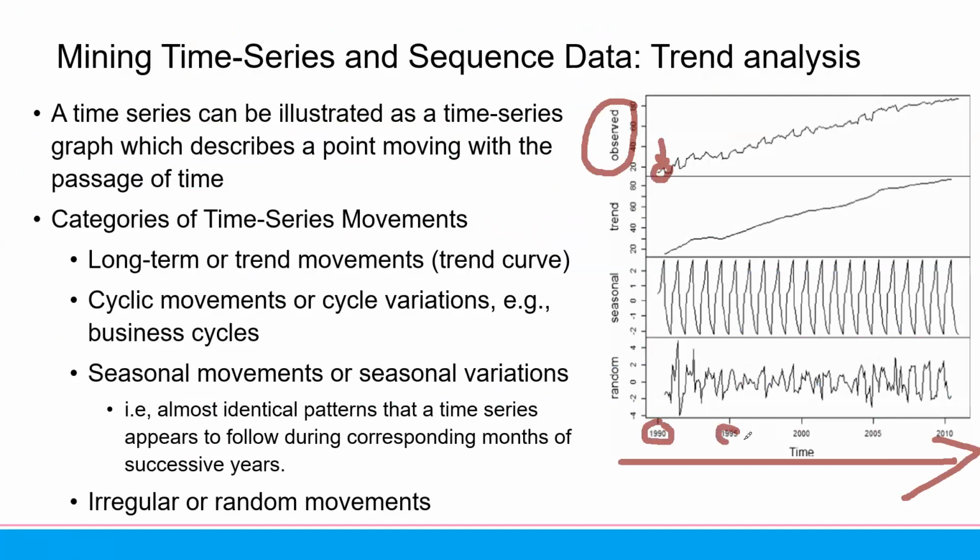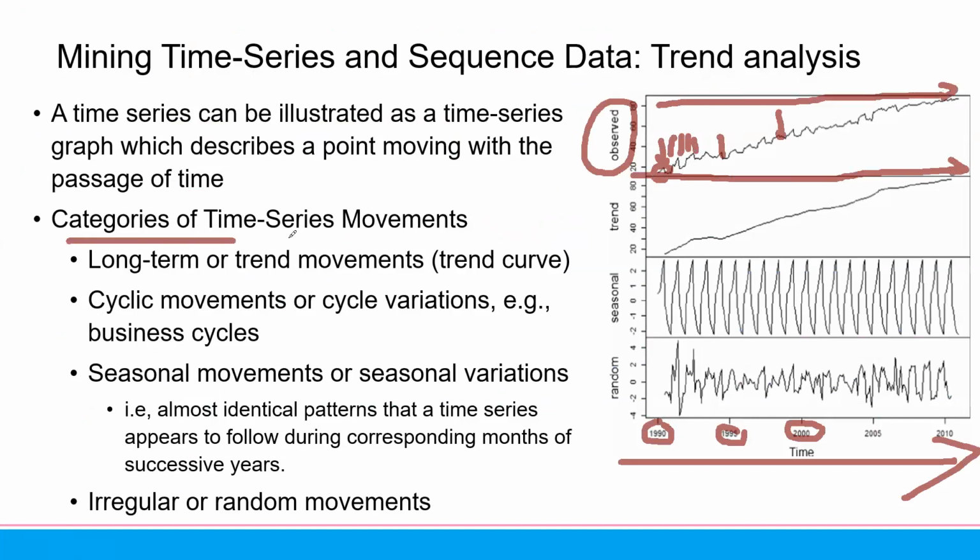In 1995, the items sold is this one. In 2000, the items sold is this one, and so on. Maybe this data reflects monthly data: 1990 January, February, March, April, May, June, etc. So you can do the plotting like this.